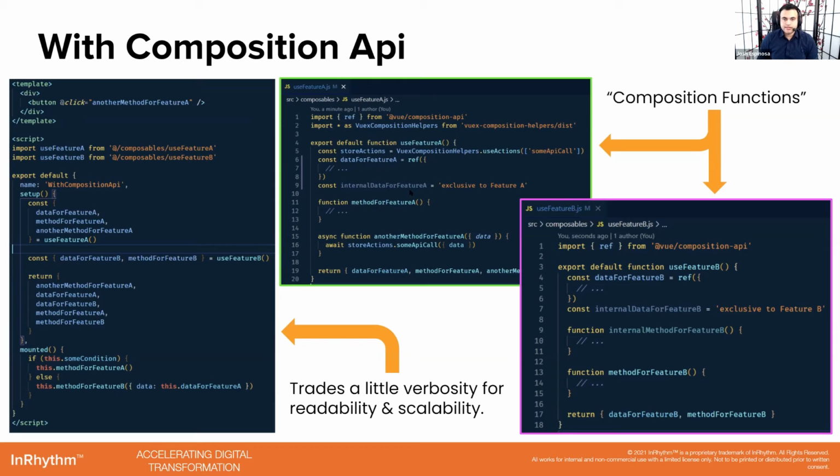So this leads to hack solutions in order to make a variable non-reactive. With the composition API, you just simply don't make it reactive, and you can use it like a normal JavaScript variable. It's great. This way we can keep the internals black boxed in this composition function. Your methods will just become normal JavaScript functions, and that's it. And then you just export what you want the components to use.